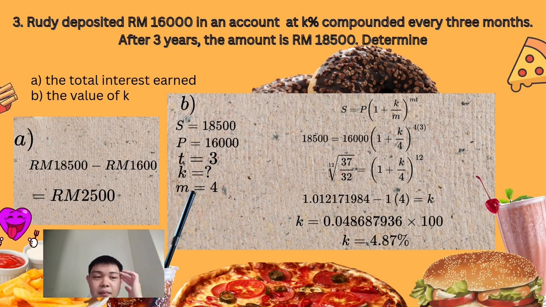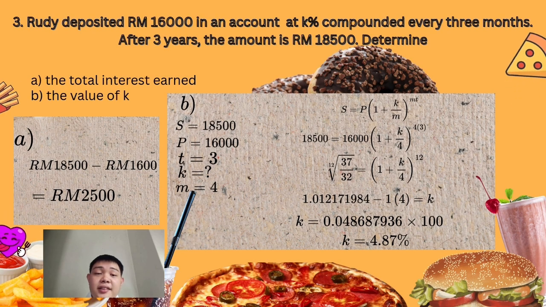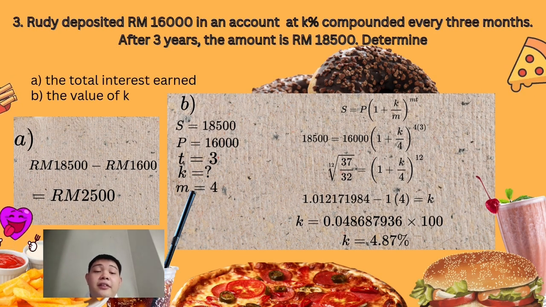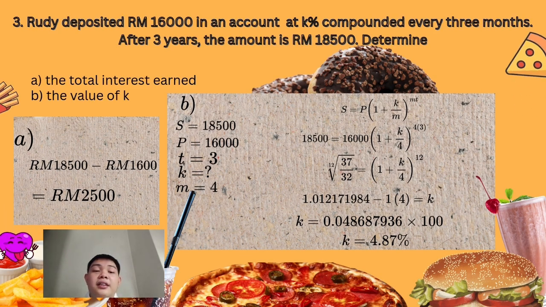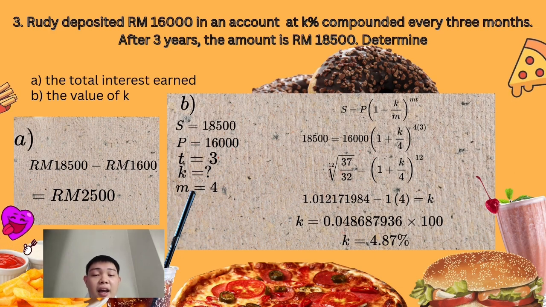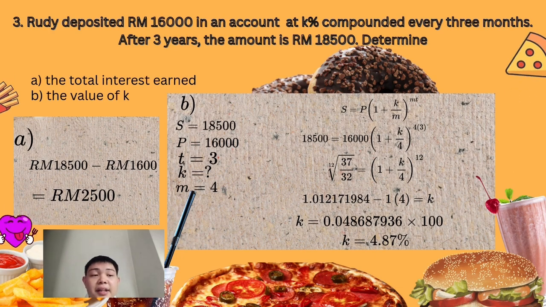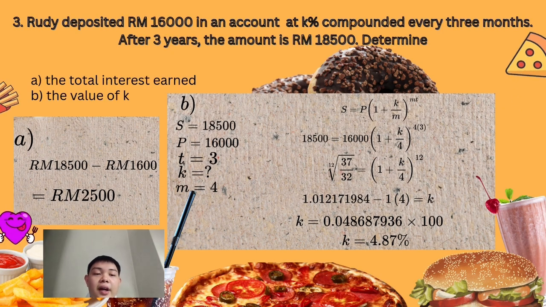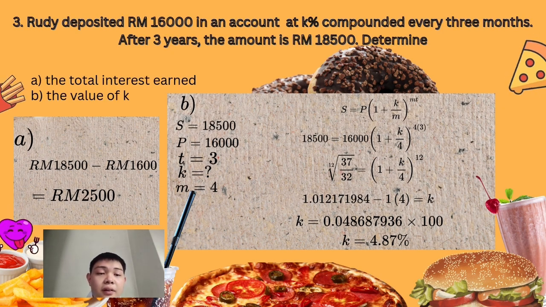So the next question is 3B. 3B needs us to find the value of K. If we look at the future value formula, K is our interest rate. So we just need to apply the formula. The formula is S equals P in brackets 1 plus K divided by M, in brackets power MT. Our M is 4.